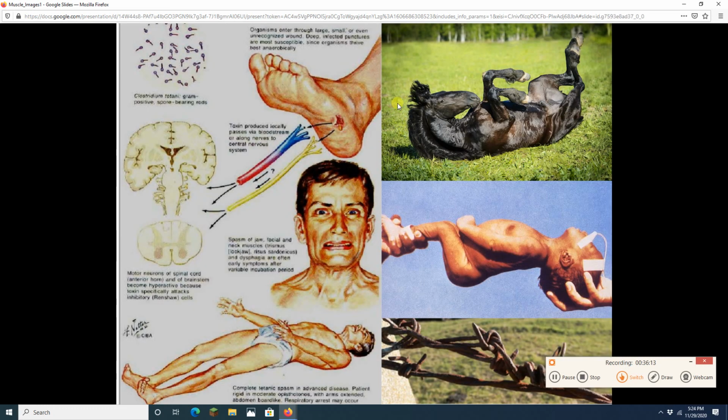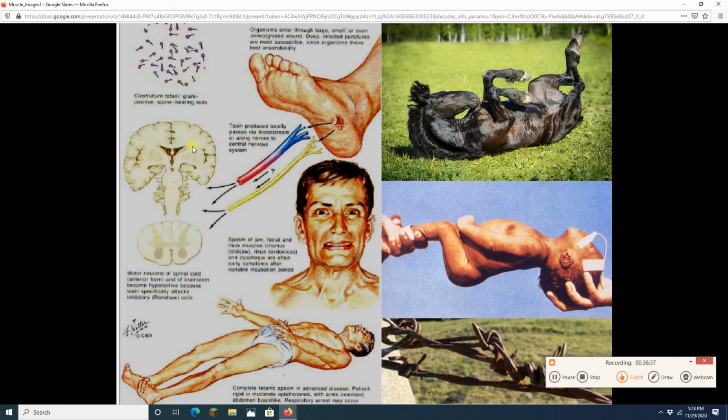Let's talk about that other meaning of the word tetanus, like a tetanus shot. Well, there's this bacterium, we see these little purple guys right here, called Clostridium tetani. If you've taken microbiology, you'd understand where it says it's a gram-positive spore-bearing rod.